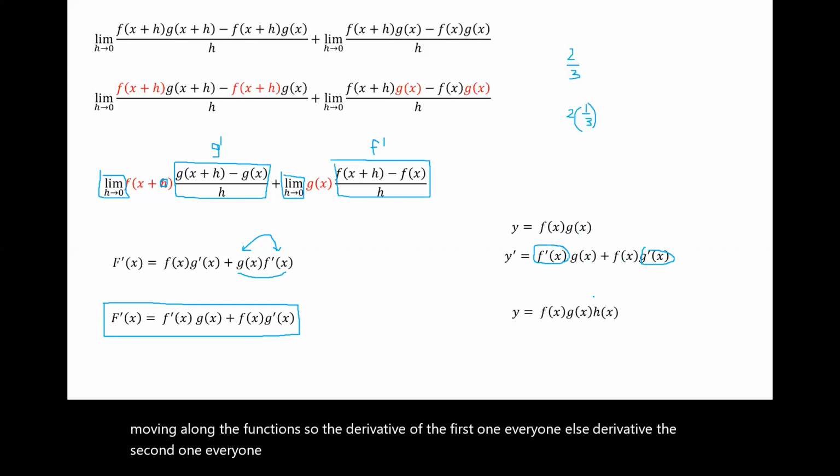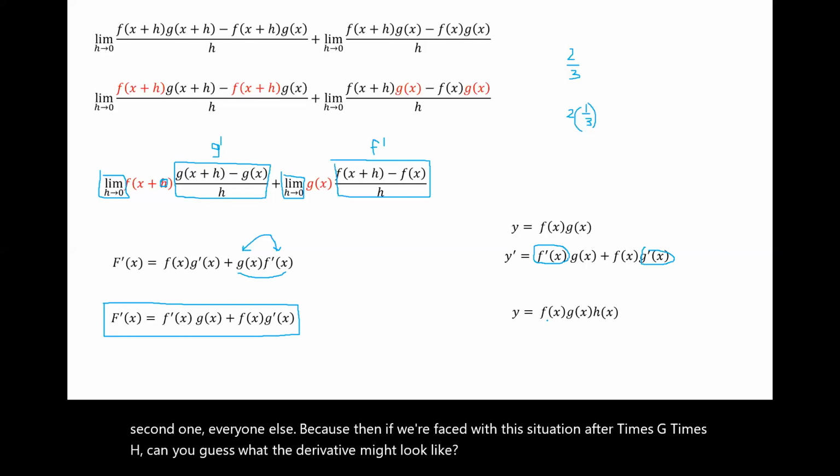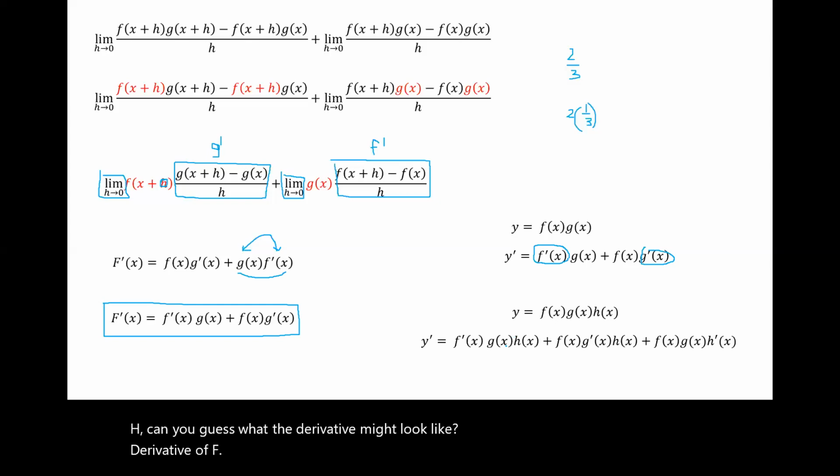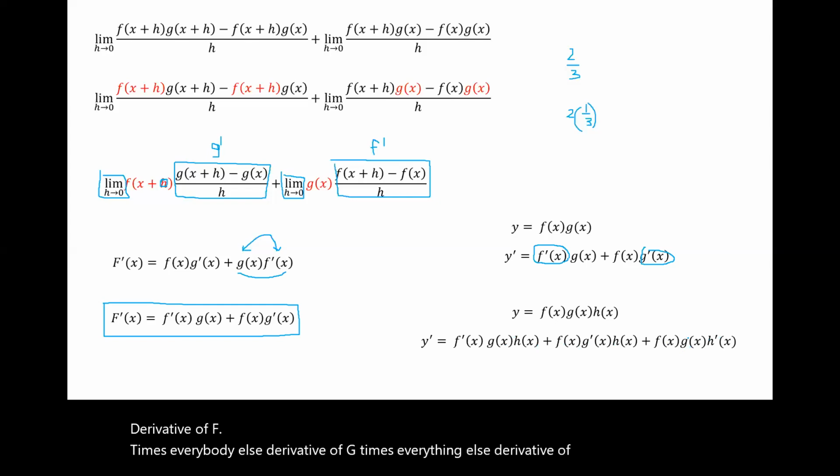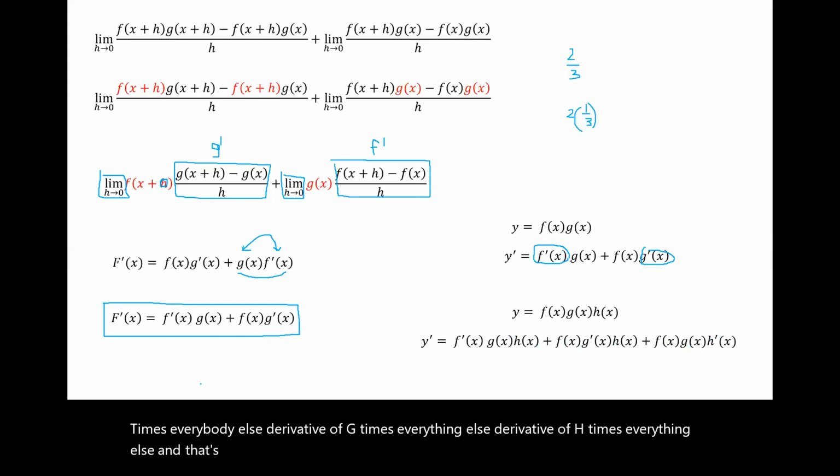Because then, if we're faced with this situation, f times g times h, can you guess what the derivative might look like? Derivative of f times everybody else, derivative of g times everything else, derivative of h times everything else. And that's why I like to remember the rule this way.